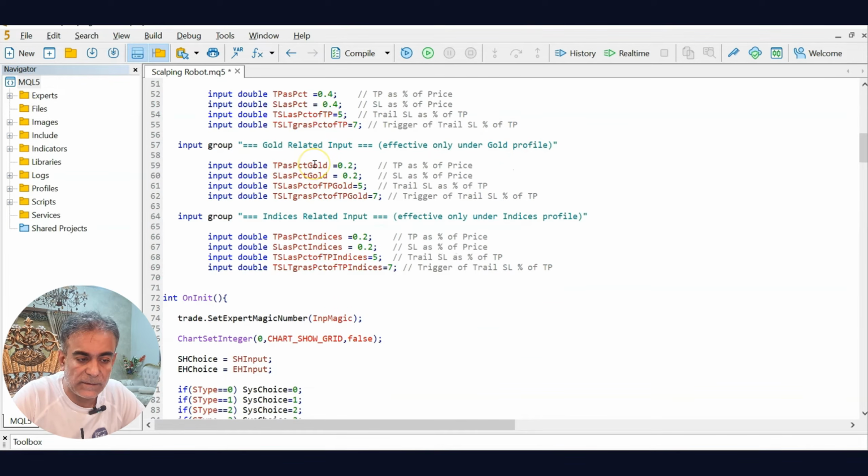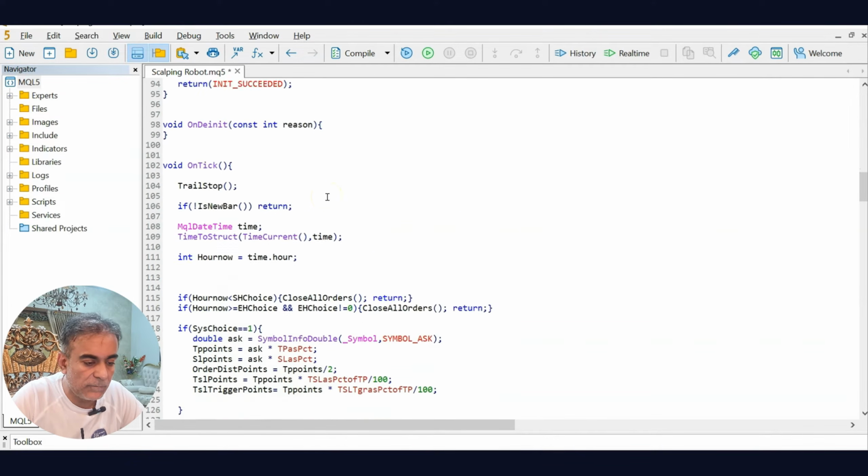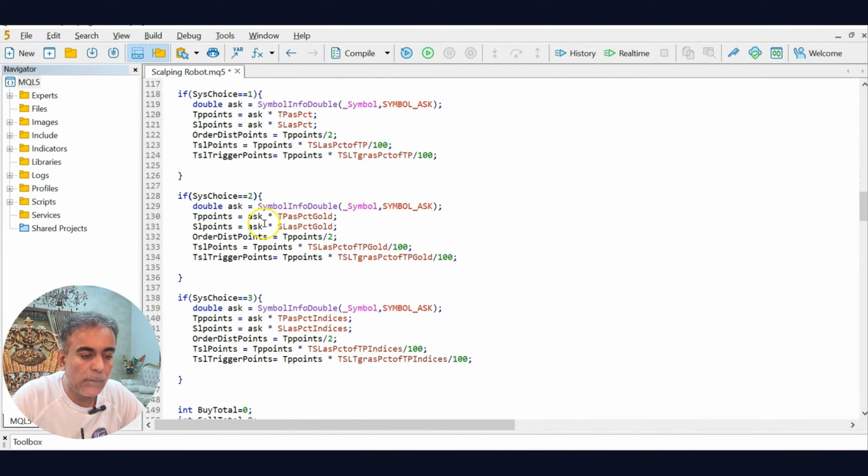So use this variable instead. And then the same for SL, then the same for the trigger point, following exactly the same logic. Then the SL point equals this variable multiplied by the price, and the TSL points and the TSL trigger points are going to be whatever the TP points are multiplied by whatever is the trigger of the stop loss as a percentage of TP for gold.